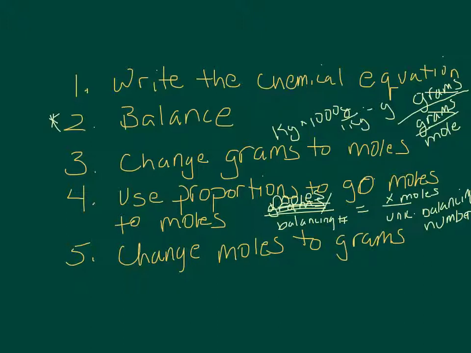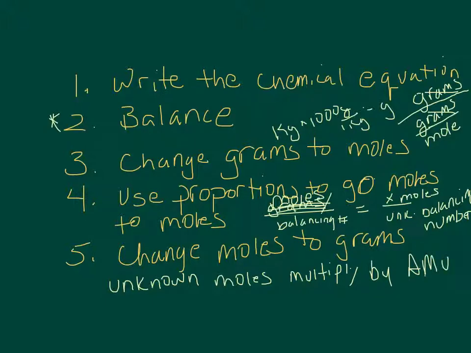Now we have unknown moles, and we need to change it back to grams. So we take our unknown moles, and then we multiply by the new AMU, or the new grams per mole, another name for AMU, of the new compound that we're trying to figure out.